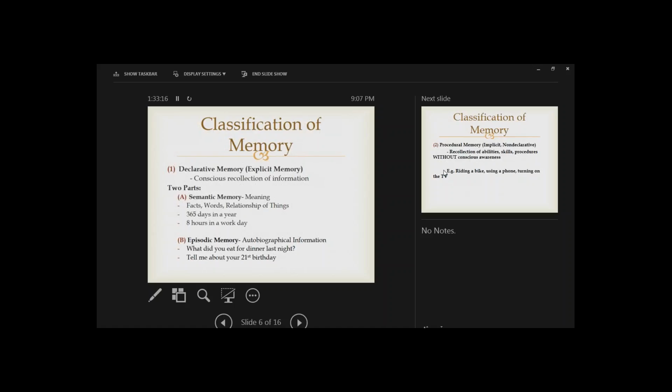Which one of these do you think declines in aging? Yes, episodic, as you said by saying, what did you eat for dinner last night? The reason is the same as recent and remote. But even within that, 21st birthday could be like 50 years ago.